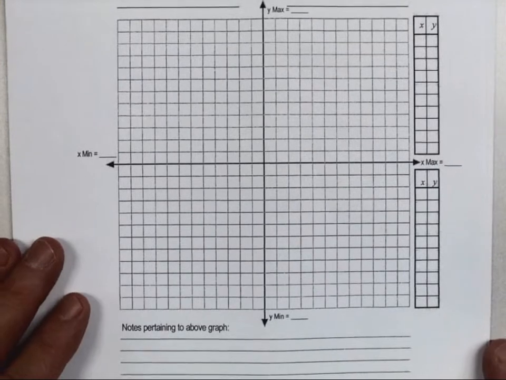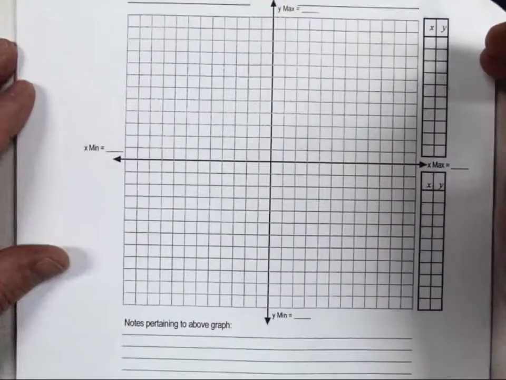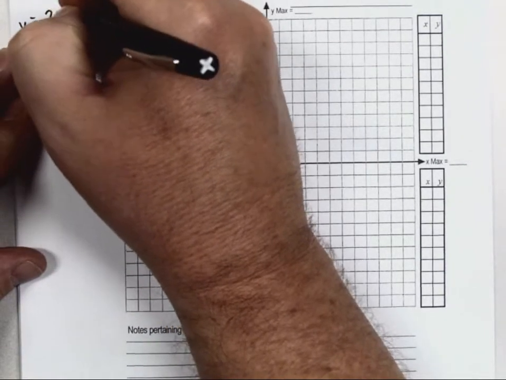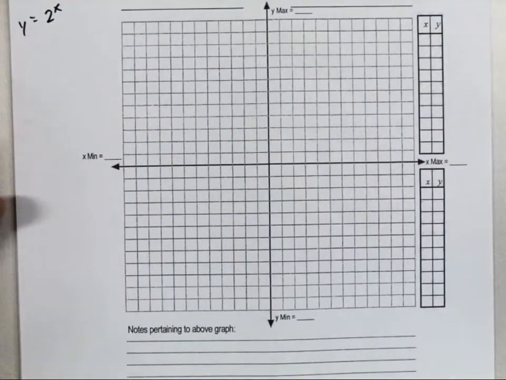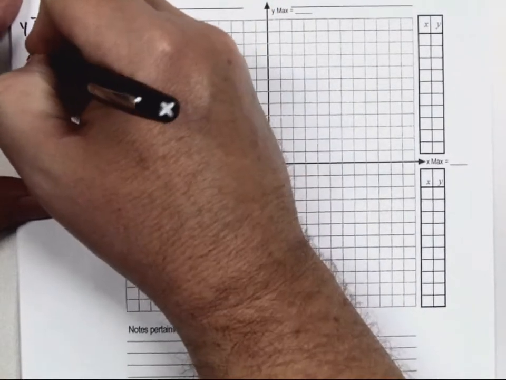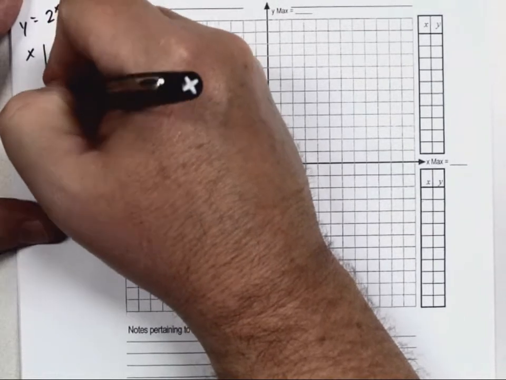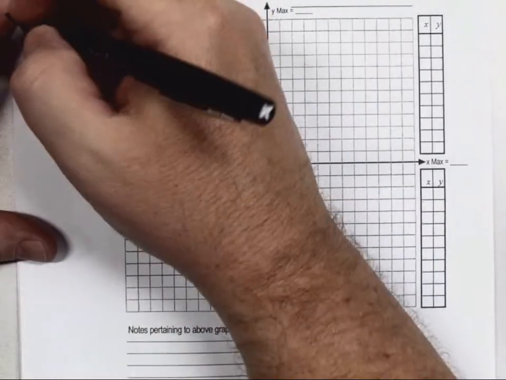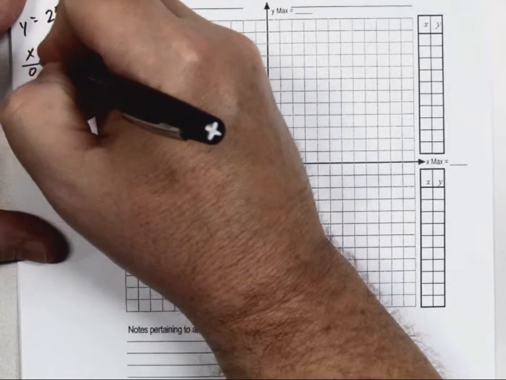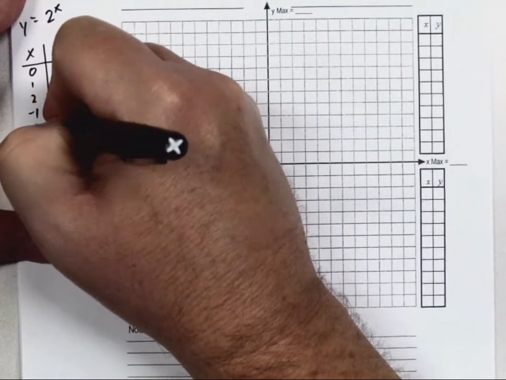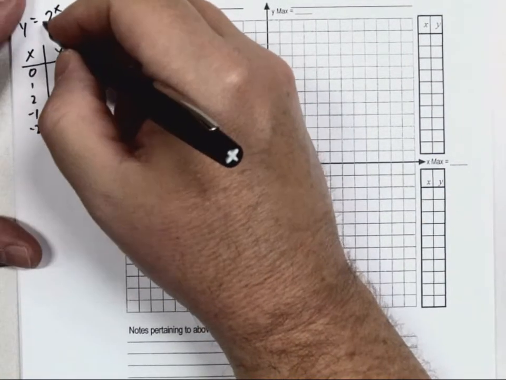So here we go. Let me go off to the side. So here's the first equation, y equals 2 to the x. And a lot of times when you have an equation and you want to create a graph, you simply create your xy data table. For now, I'll let x equals 0, and then 1, and then 2, and -1, -2. So when x is 0, what's y going to be?